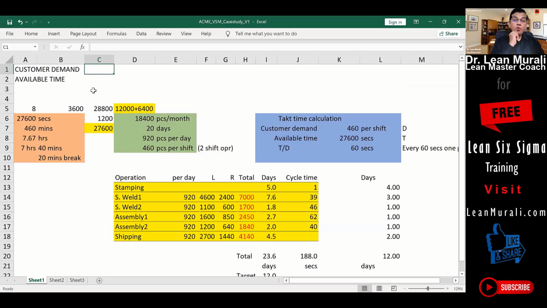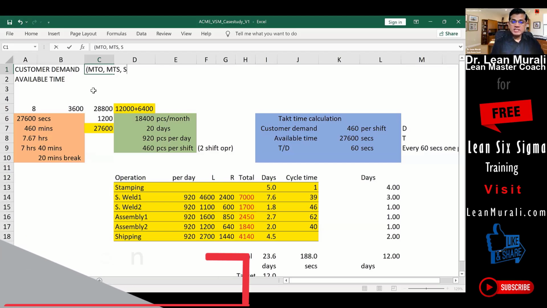Customer demand varies depending upon the nature of the business, the seasonality of the product, and so on and so forth. So customer demand may not be as straightforward as it seems. For example, there are made-to-order items and made-to-stock items, where we see the market consumption and then start manufacturing based on that.